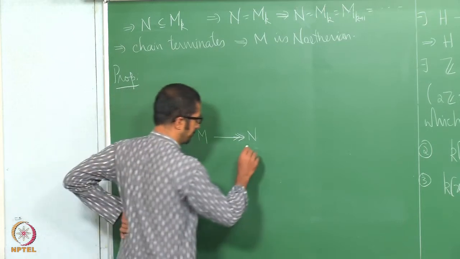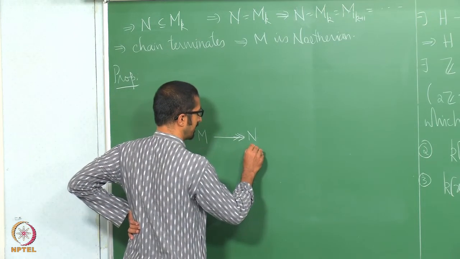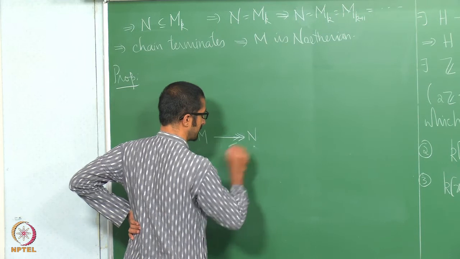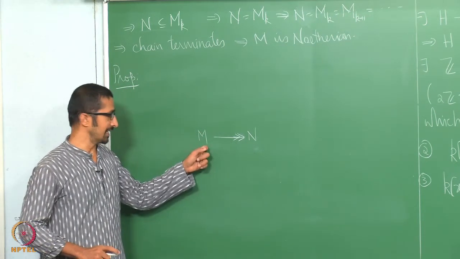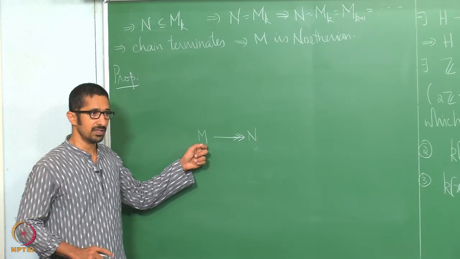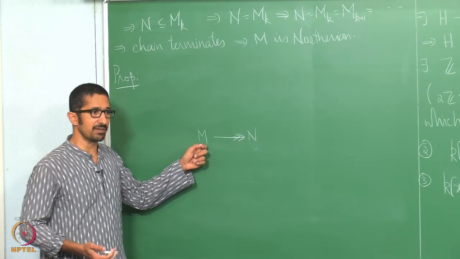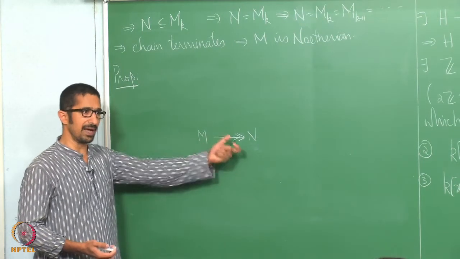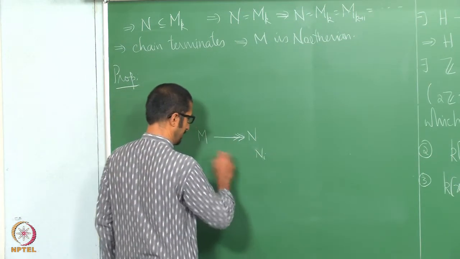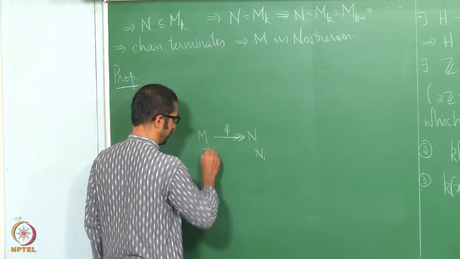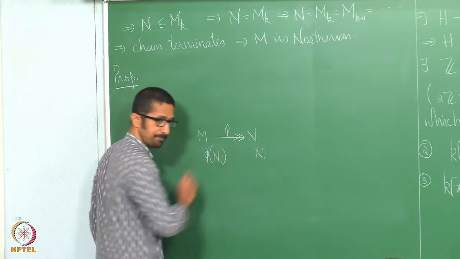Similarly, if I have a descending chain which never terminates here, then I have a descending chain which never terminates here. Look at the pullback. If I have any submodule here, I can have a phi inverse Ni.